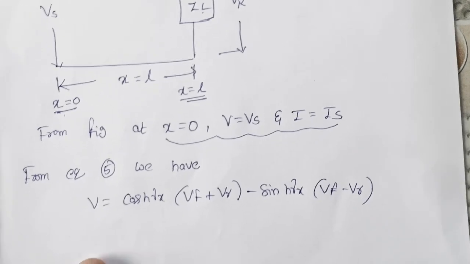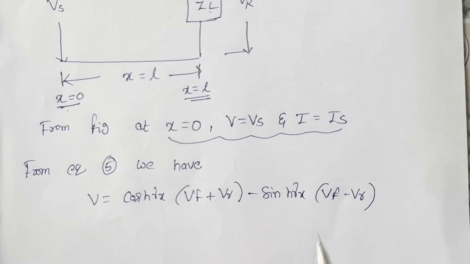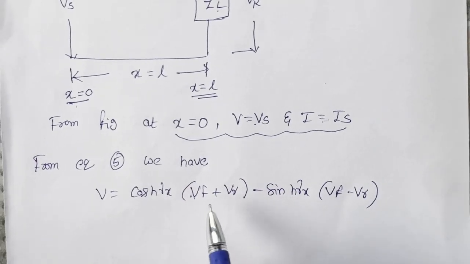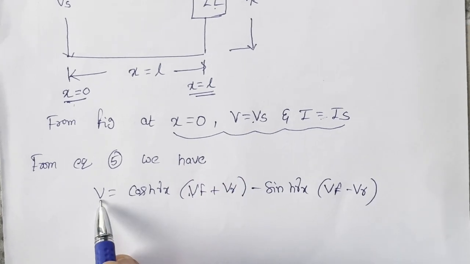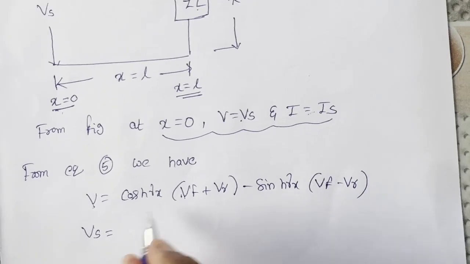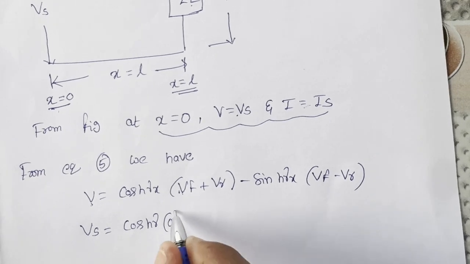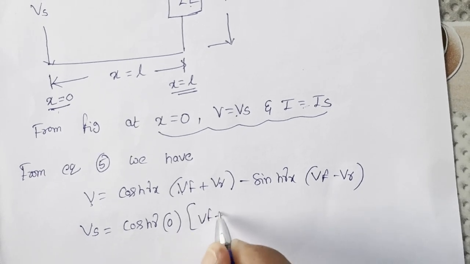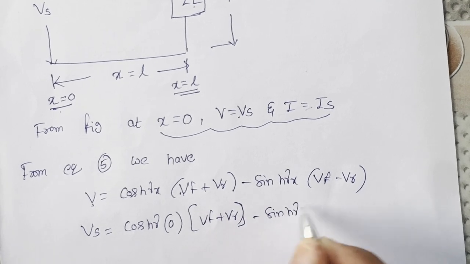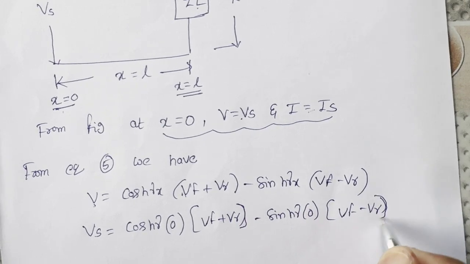Now we have to substitute all these values in this equation. So V is Vs, equal to cosh gamma into 0 into (Vf plus Vr) minus sinh gamma into 0 into (Vf minus Vr).